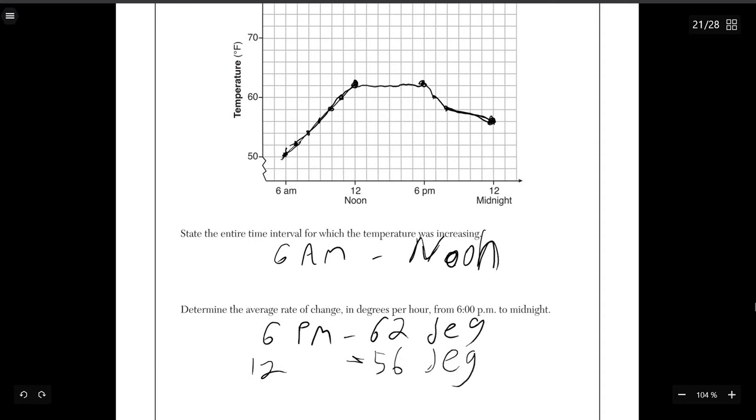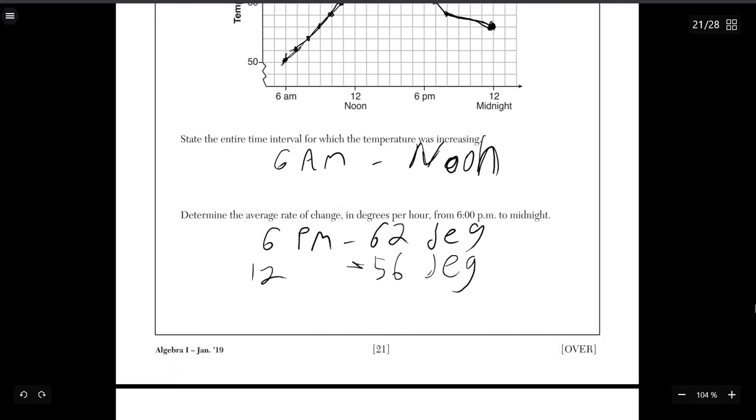So, rate of change, right, is the amount of change over the amount of time. So, the amount of change is 62 minus 56 over, now we got to match it up. We did 62 first, so we got to do the 6 p.m. first. 6 minus 12.